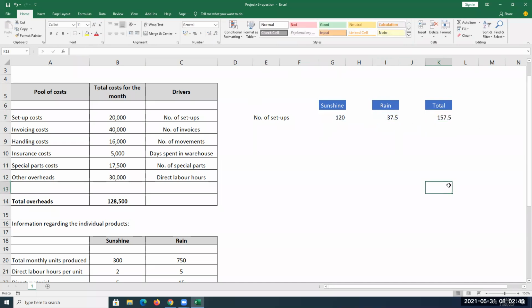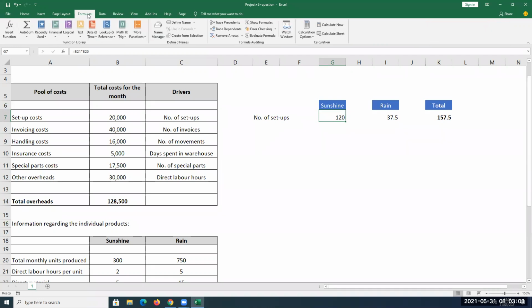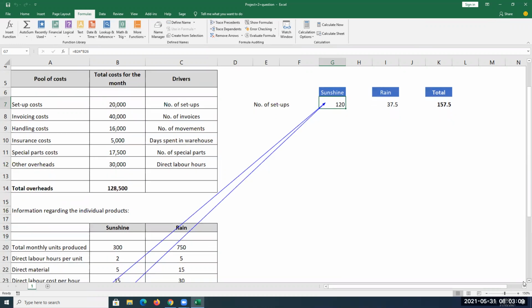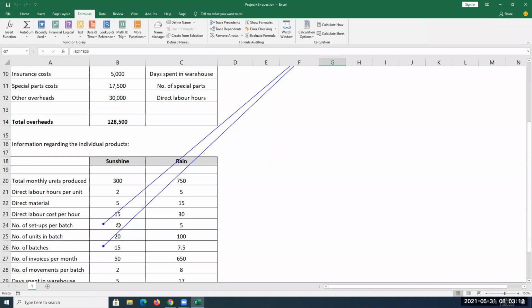Now in Excel, as I told you, I will use the formulas. If you are not clear about any calculation, let's suppose you don't know how I calculated 120, you need to click in this cell, go to the Formula tab and click Trace Precedents. It will make an arrow. It will show you that for this 120 I actually used these two figures. Then you can check the formula.